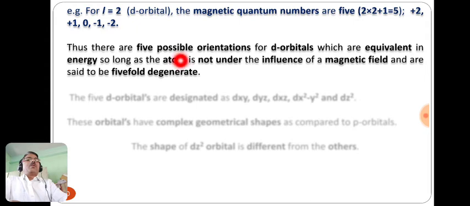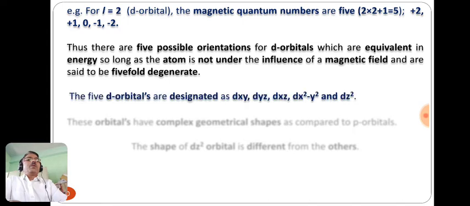Thus there are 5 possible orientations for d orbitals, and these 5 d orbitals are equivalent in energy when an external magnetic field is absent. So long as the atom is not under the influence of a magnetic field, such d orbitals are known as 5-fold degenerate orbitals.